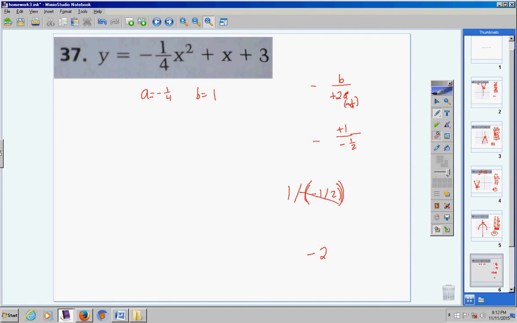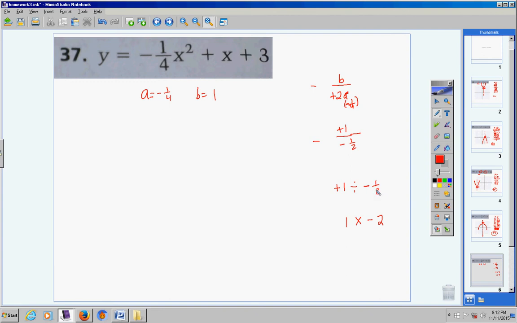Another way to do it is just longhand, which really doesn't take long at all. You have a positive 1 being divided by a negative 1/2. Now you know from elementary and middle school, when you're dividing fractions, you flip the second one and multiply. So I really have 1 times, flip this, negative 2 over 1, or just 2.